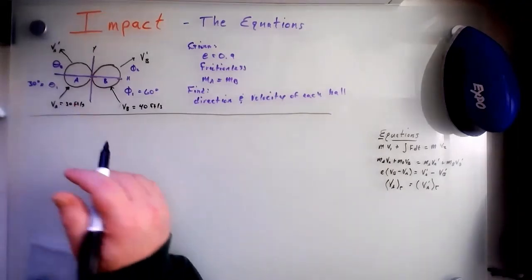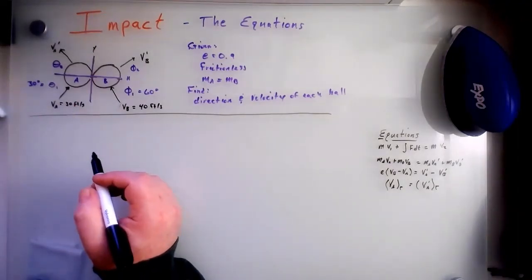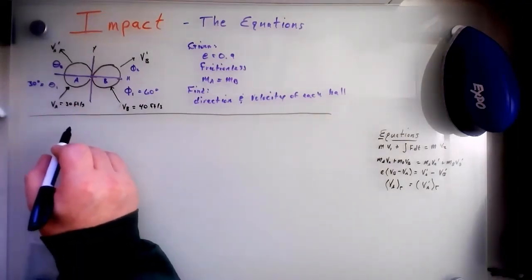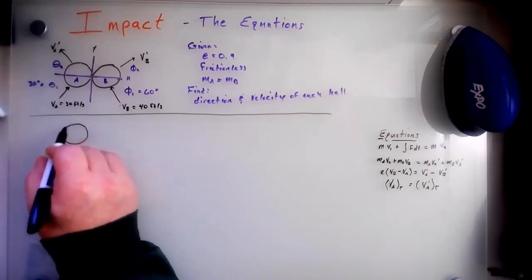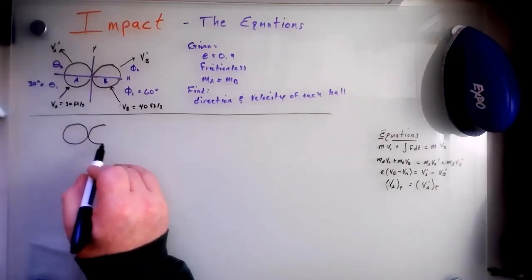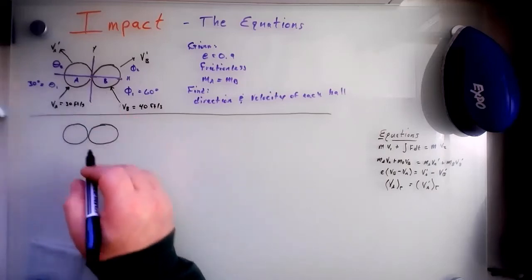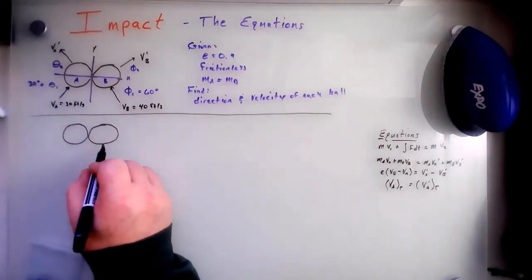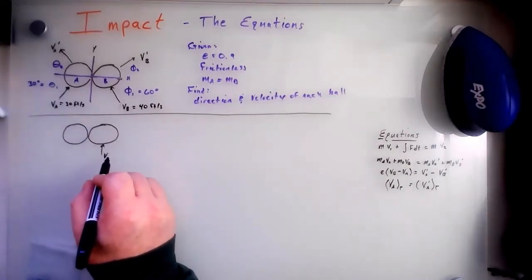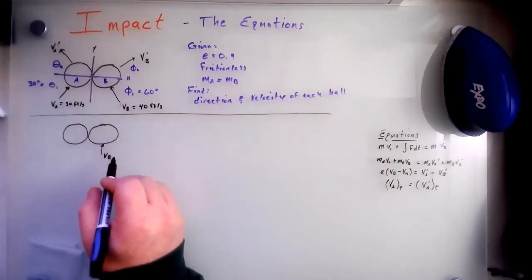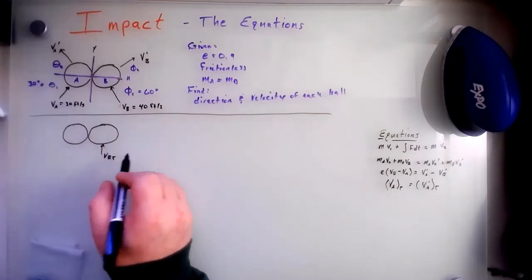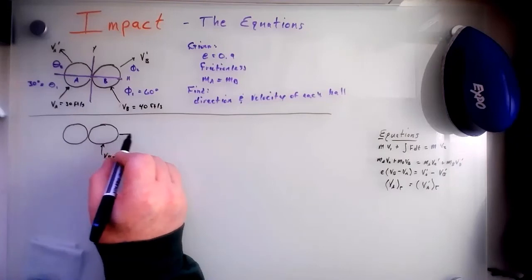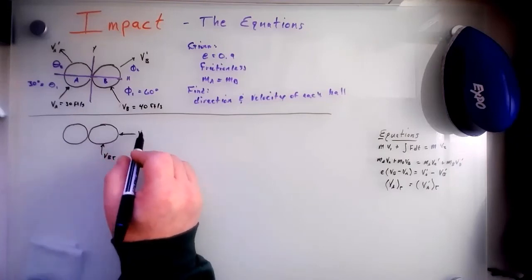So we need coordinates. So let's do a free body diagram and decompose these vectors. So we have VB, VBT, and VBN.